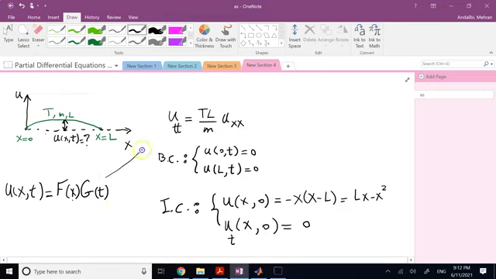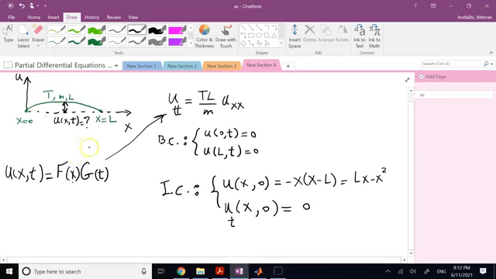So now you try to plug it into this equation. Clearly the second derivative, or any derivative, of u with respect to time only involves derivatives of g with respect to time, because f does not have any t derivative.